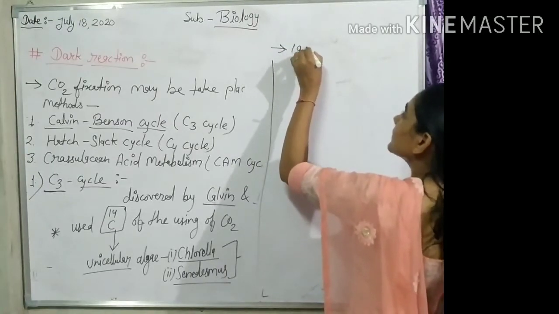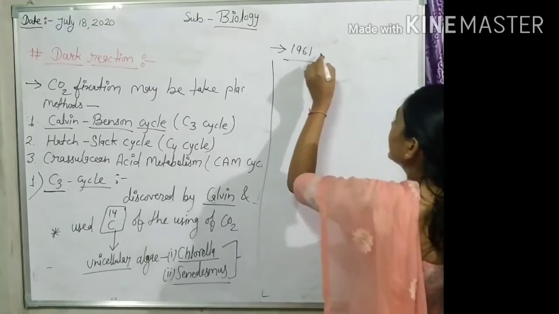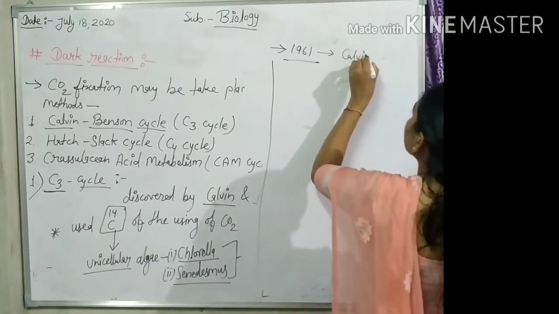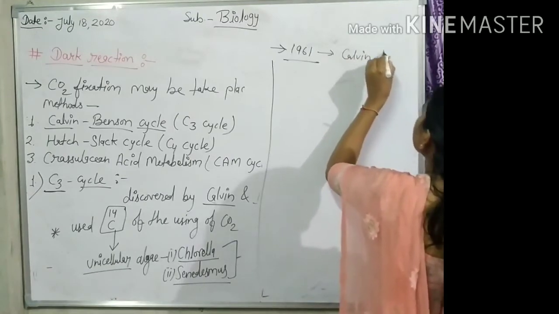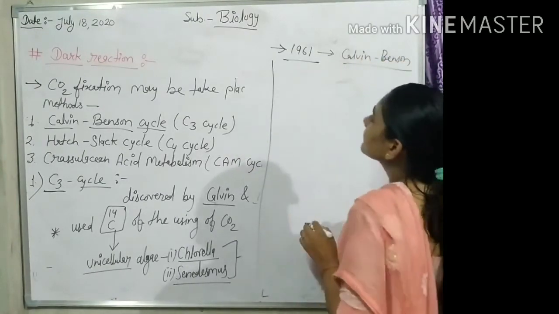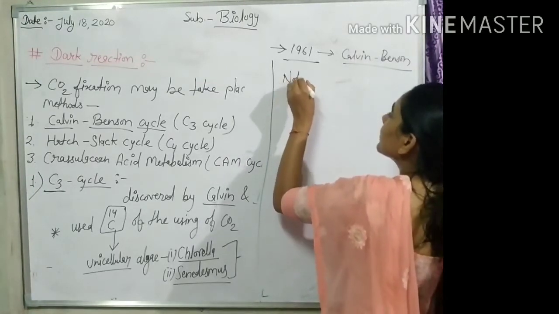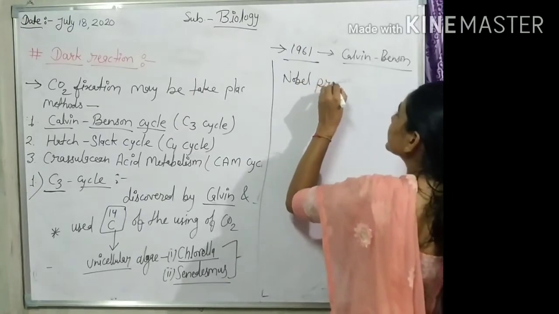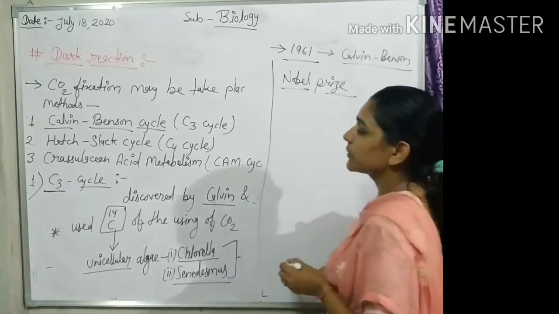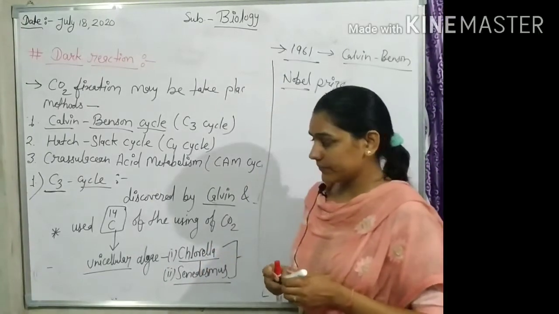In 1961, Calvin and Benson were awarded the Nobel Prize for this experiment on Chlorella algae and Scenedesmus algae.